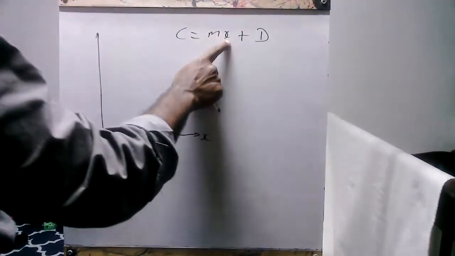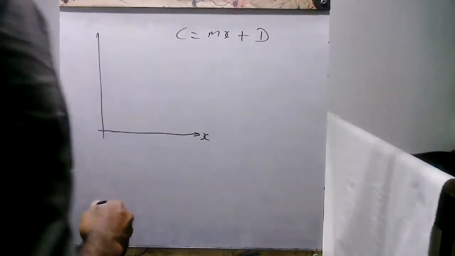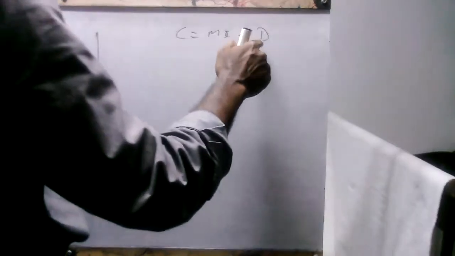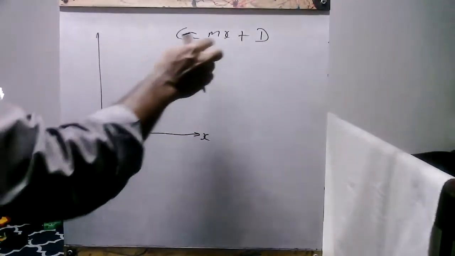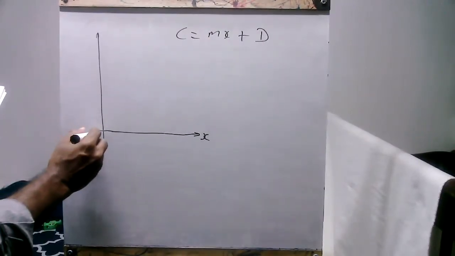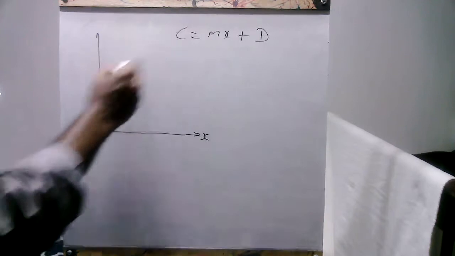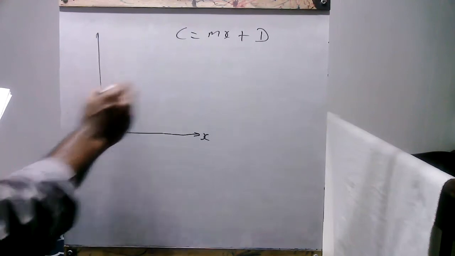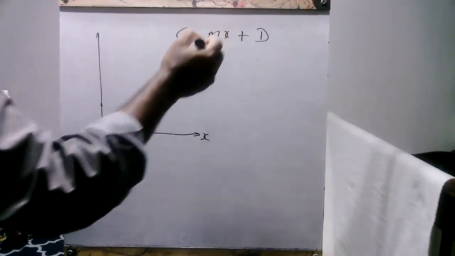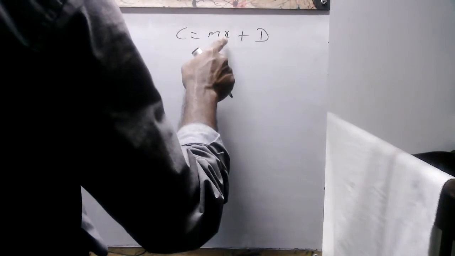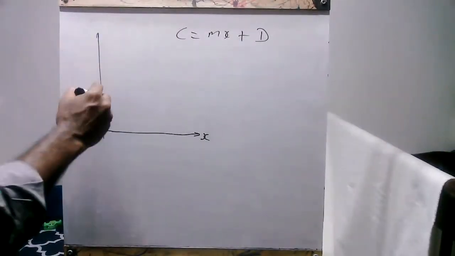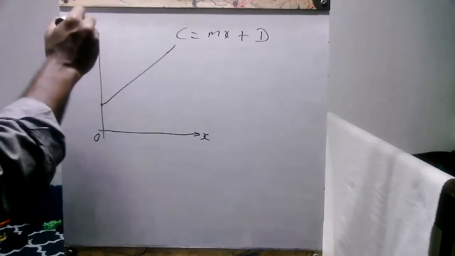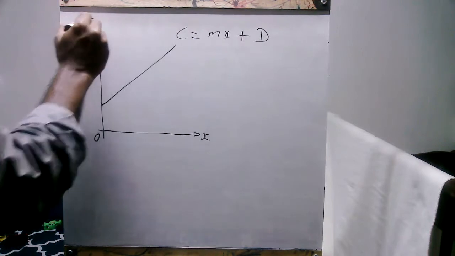Cost per item times number of items plus the overhead. So initially this cost function has d, the overhead value. Means when x equals 0, even when you sell no items, it still has d. It starts with d. Then as you supply more and more items, your cost increases. So it goes like this. That is the cost function.